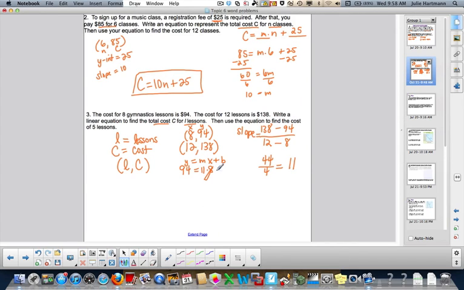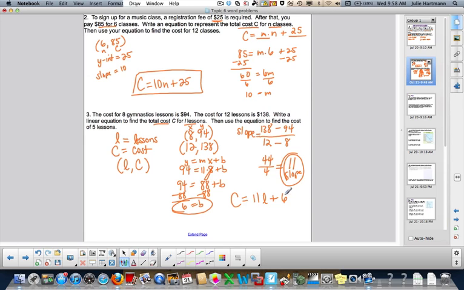So it's 88 plus b equals 94, minus the 88, that gives us 6 equals b. So our equation, our cost equals 11 times the number of lessons plus 6. Okay, 6 was our y-intercept, our slope was 11. Okay, so there we go.